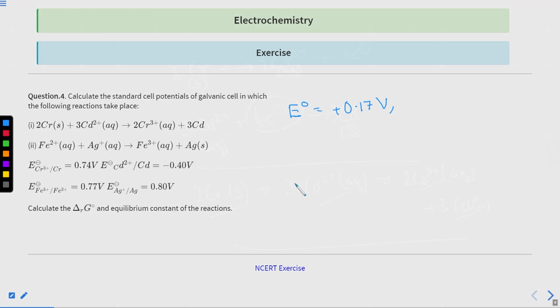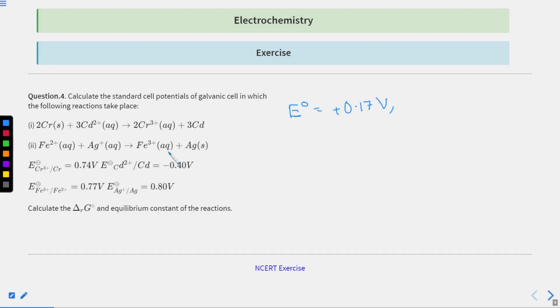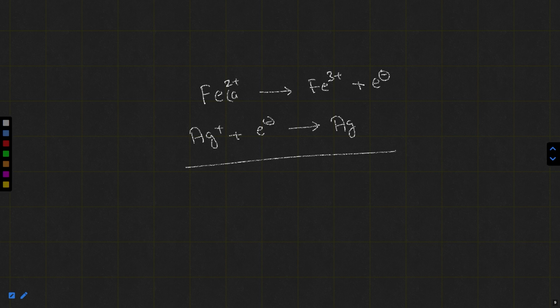So we have Fe2 plus going to Fe3 plus, so we have a release of 1 electron, and we have Ag plus taking 1 electron going to Ag. Write the phases here: aqueous, solid, and this is also aqueous.